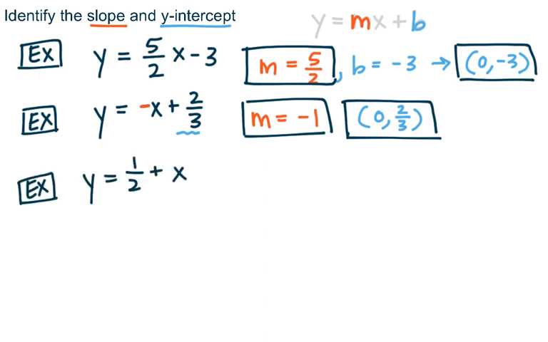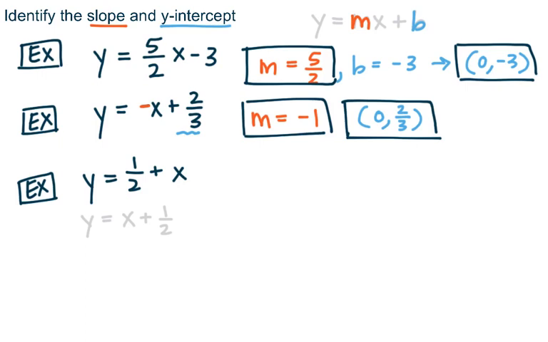Now in both of these previous two examples, m came first and b came second. So here for our third example, we have y equals 1/2 plus x. What I want you to notice is that x comes second here. So we could very easily reorder this and write this as y equals x plus 1/2 using the property of commutativity.